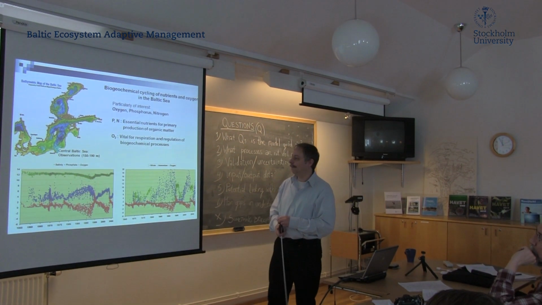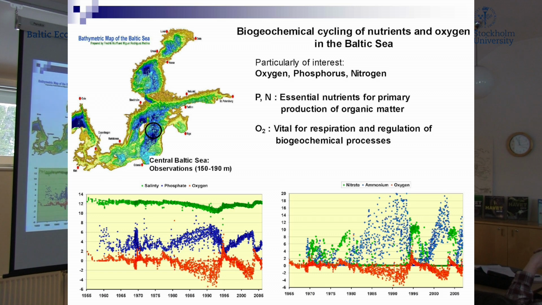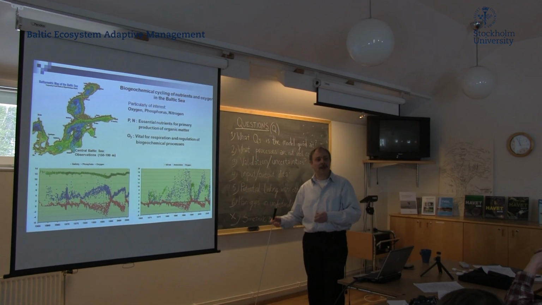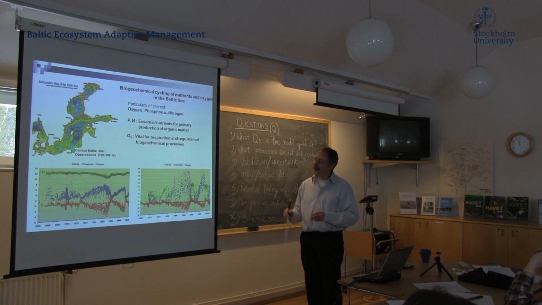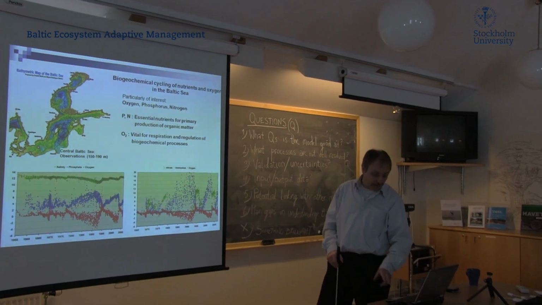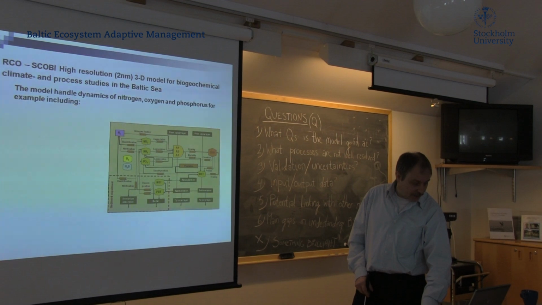And if you look at observations, then it's very clear that for phosphate and oxygen, it's anticorrelated, and correlated for nitrate. So if you want the first test of your biogeochemical cycling, you can actually look if this relationship holds. And well, I jump over this.